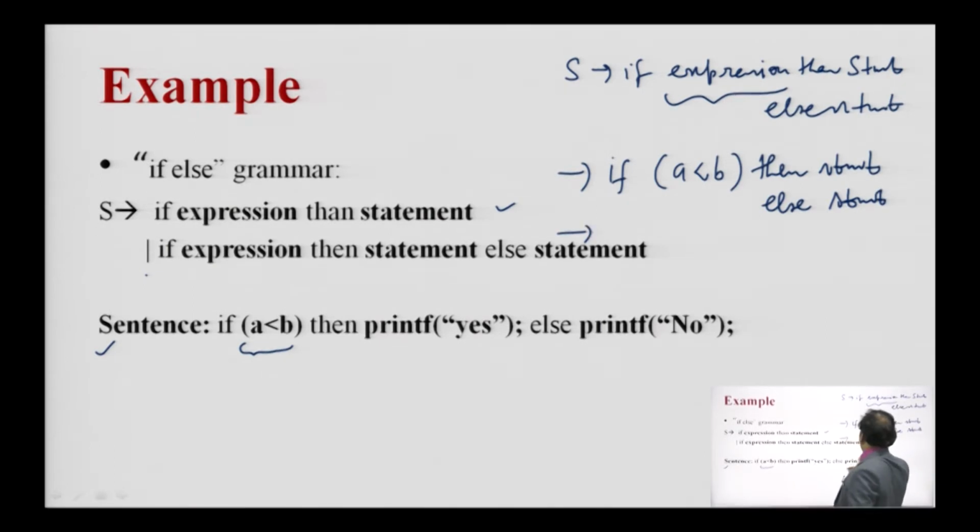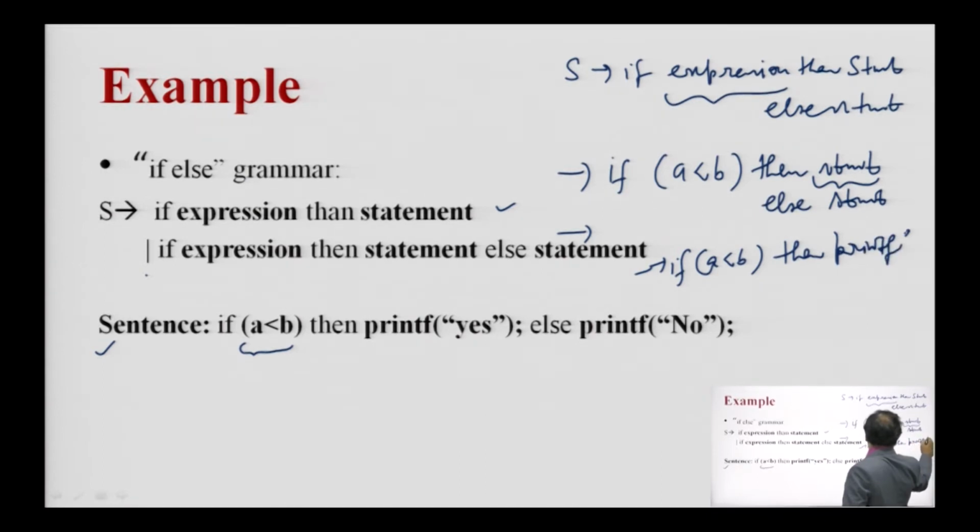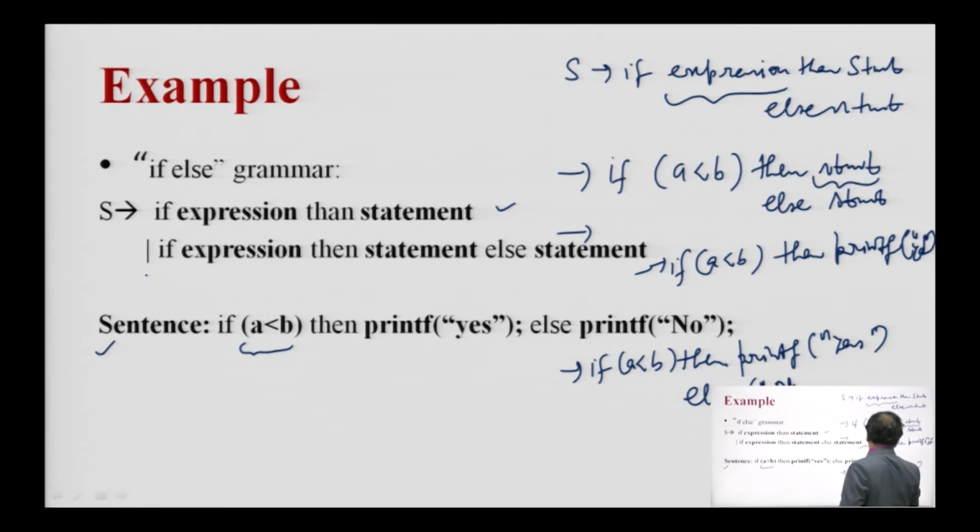In the next step I write if A is less than B, and then I replace this statement with printf yes, and for the next statement I write else printf no. That means, I can derive this sentence with the help of this grammar.